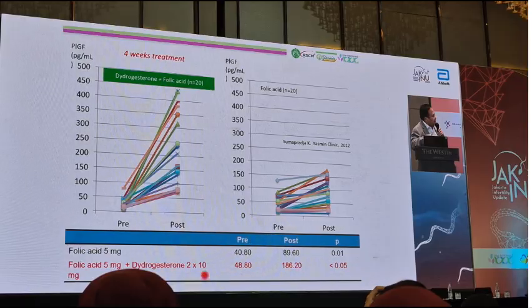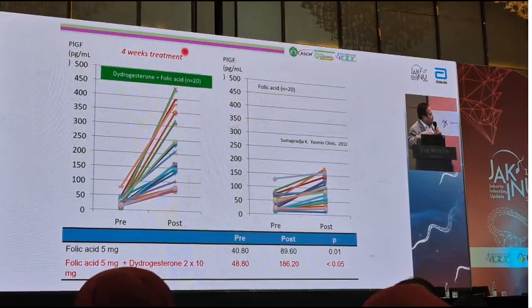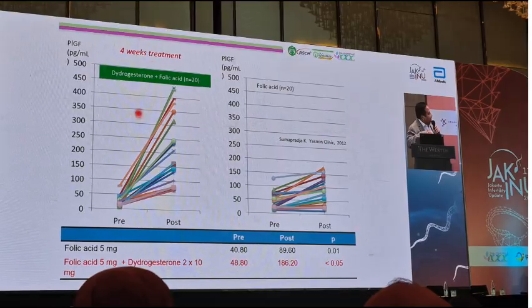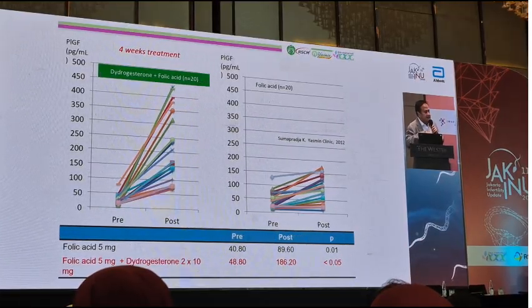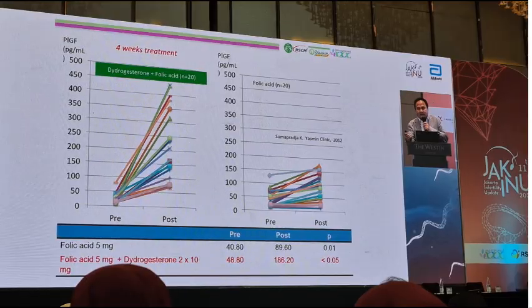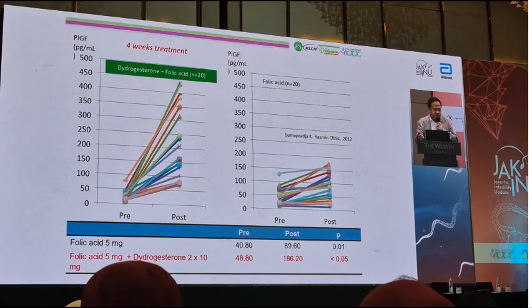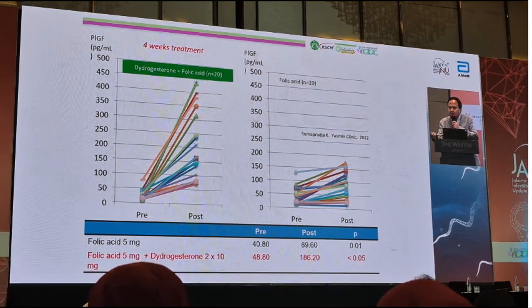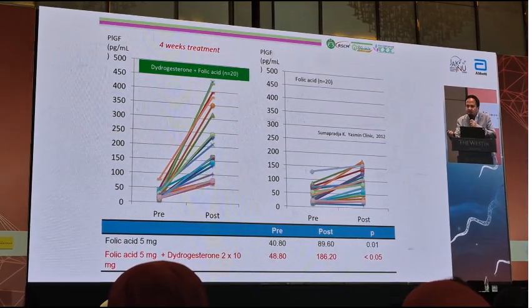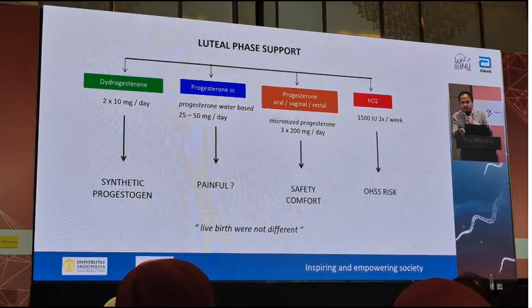The group who received dydrogesterone twice daily had significantly higher placental growth factor compared to the group who received only folic acid. So it means that dydrogesterone facilitates trophoblast invasiveness much better compared to other progesterones.